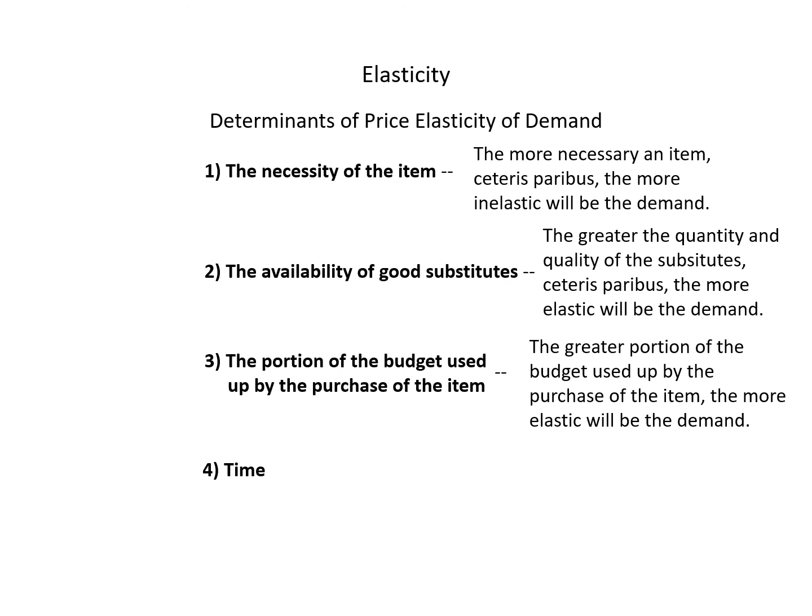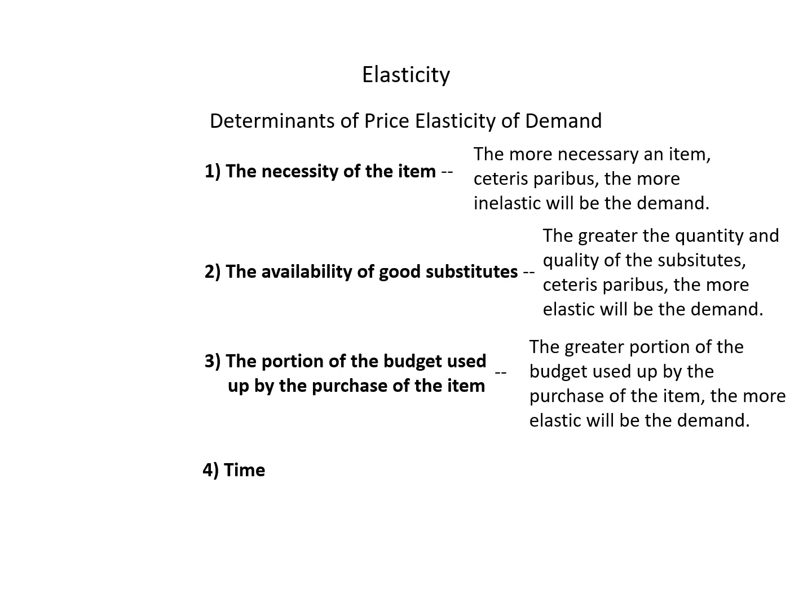Why is that? Same location, same set of customers. The difference is that the longer time frame gives the consumer the opportunity to find alternatives. And as you know, the greater the quantity and quality of alternatives, the more elastic will be the demand.